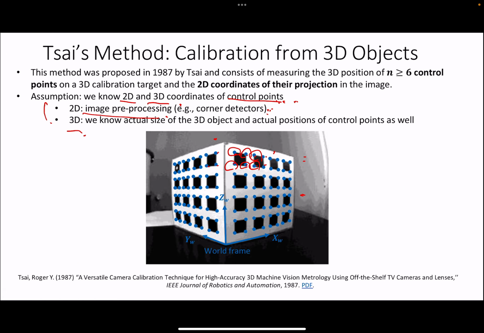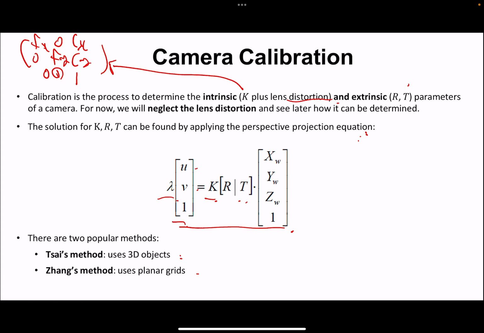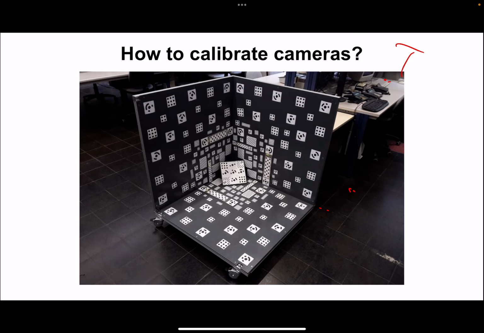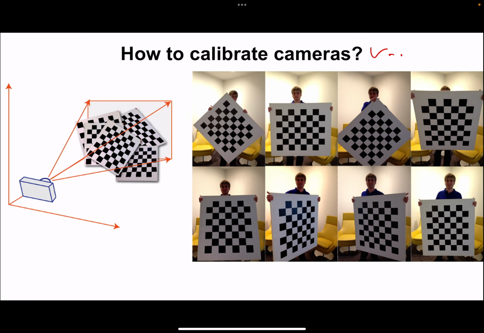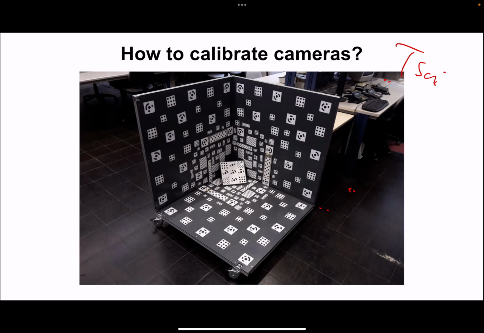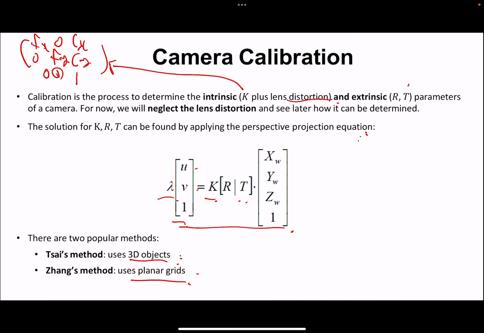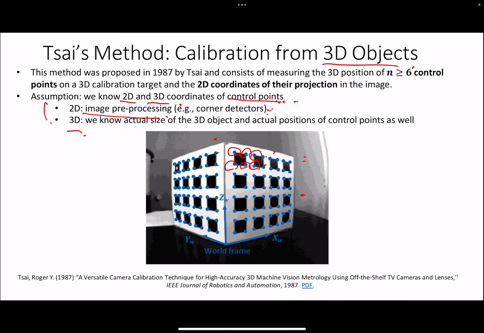Let me quickly summarize this again. Our goal is getting intrinsic and extrinsic parameters, and Tsai's method uses 3D objects. There are two approaches, 3D object and planar grid. This is Tsai's method, and this is Zhang's method. The first thing we learned is Tsai's method.